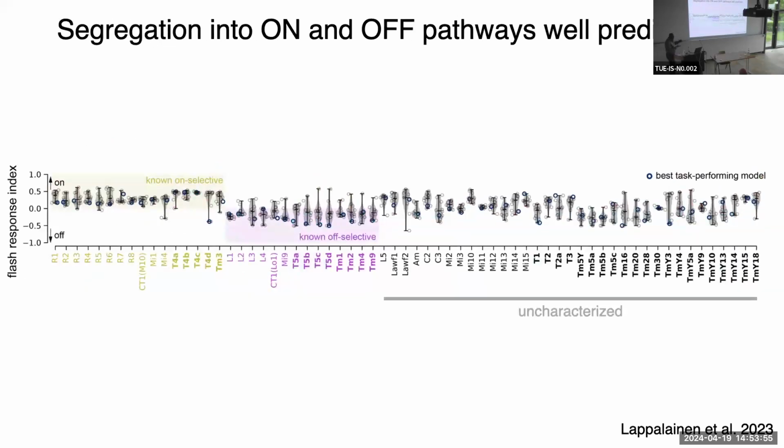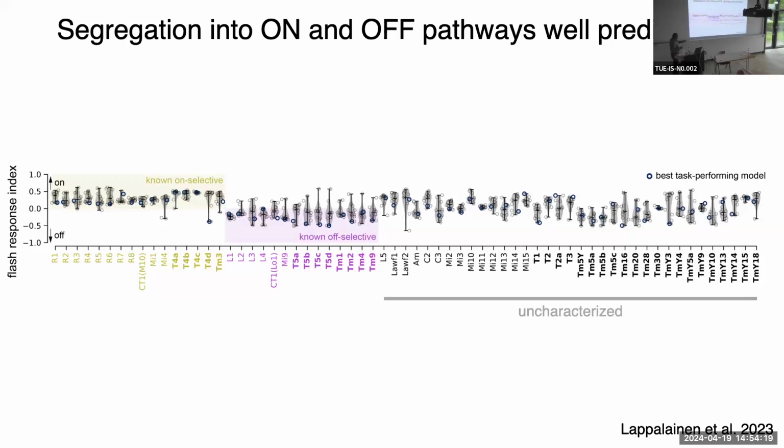Of course, we also predicted the segregation into on and off pathways. So this is, we looked at 26 studies over 20 years. I think there's more studies that we're now still learning about and could probably add to the database, but a good fraction of this network is yet uncharacterized.